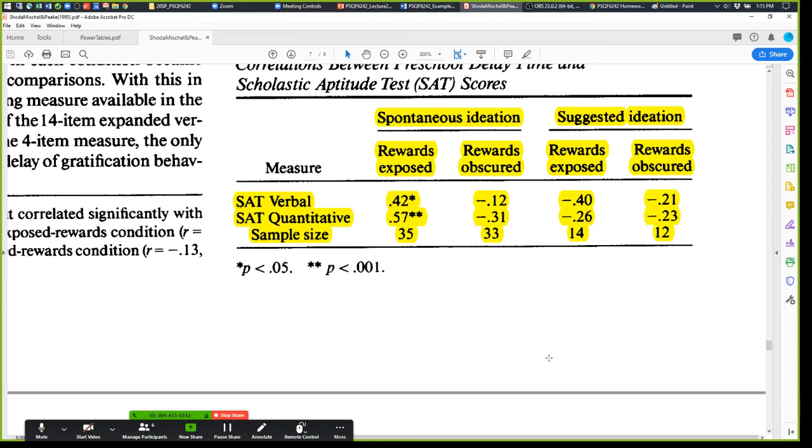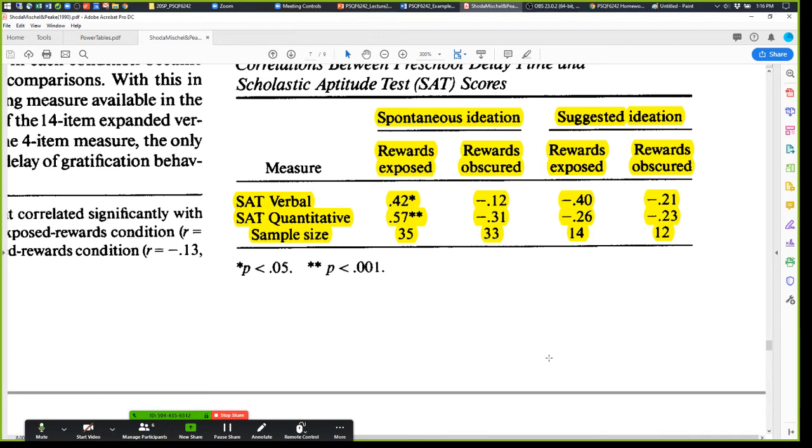The p-value that corresponds to a correlation of 0.42 for a sample size of 35 is significantly unexpected at the level of p less than 0.05. 5% of the time, if there were no association at the sample size, then you would see a correlation that big. And it's less than 0.1% of the time for quantitative. That's the thing that was in the book.